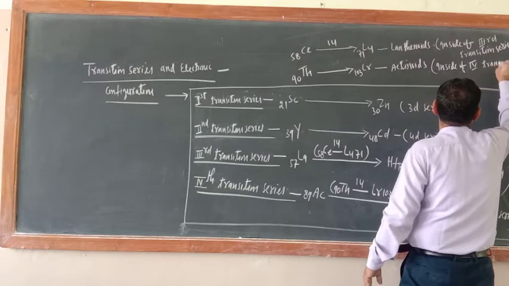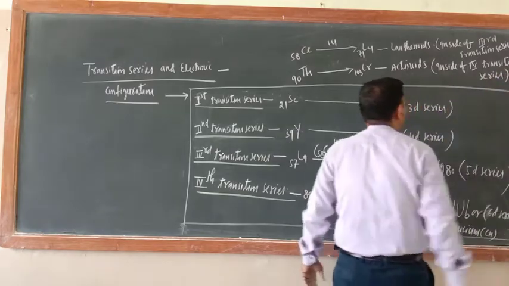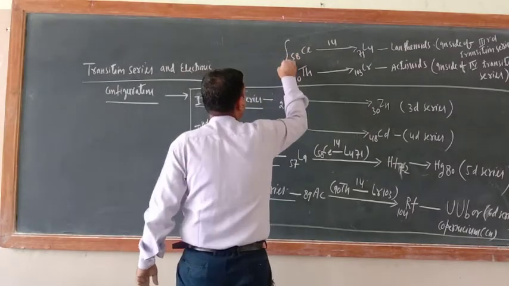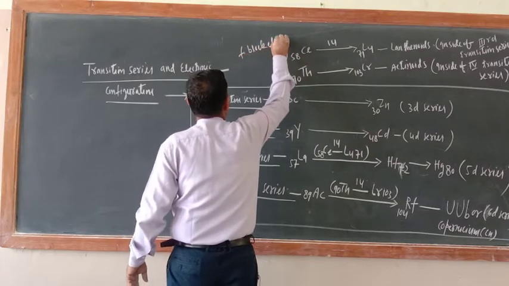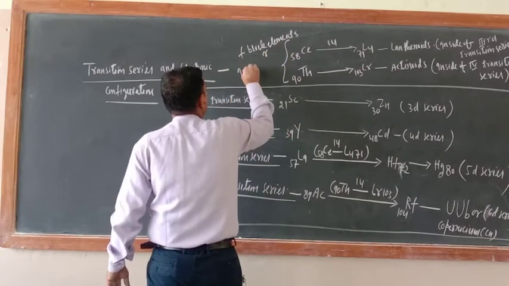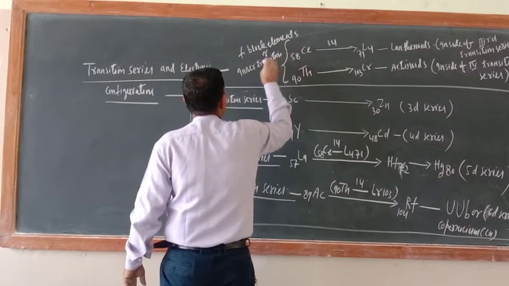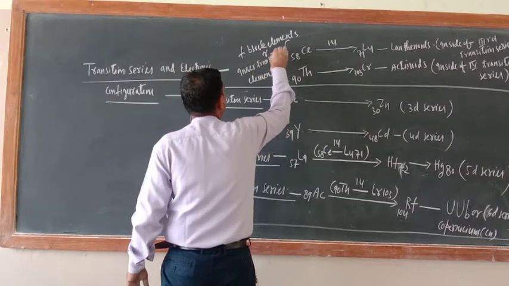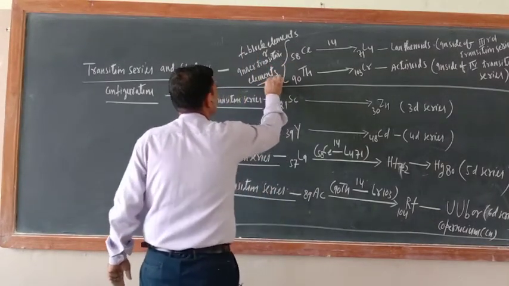And these lanthanides and actinides combined are known as F block elements, or they are also known as inner transition elements. F block elements, or inner transition elements.